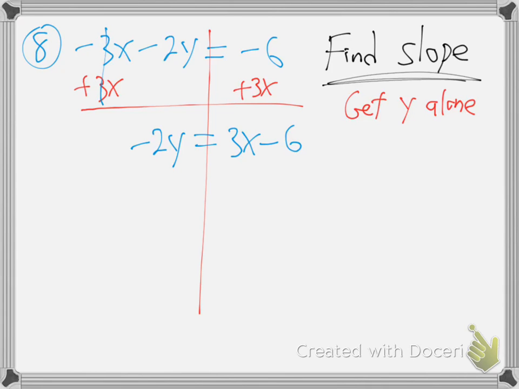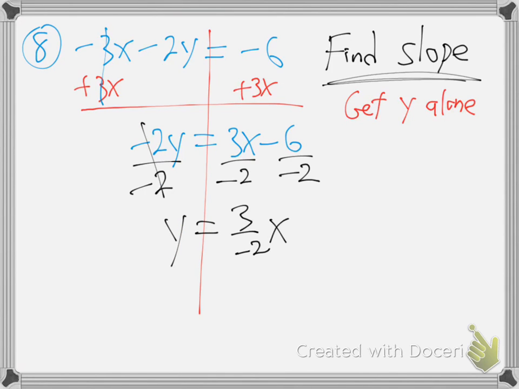And now, how do we finish getting y alone? Dividing. And when we divide, remember what we do on the last division? We always divide by exactly what's next to y. Same sign, same everything, huh? So I'm going to divide through by -2, all the way through. You tracking with me? Exactly what's next to y. Same sign, same everything. So y equals 3 over -2x.